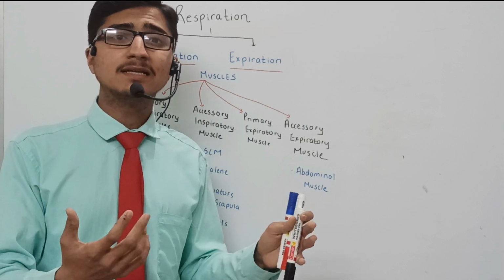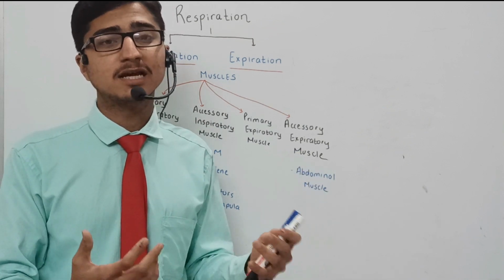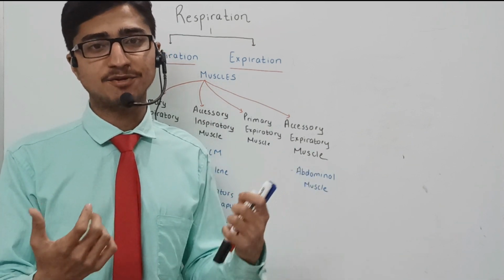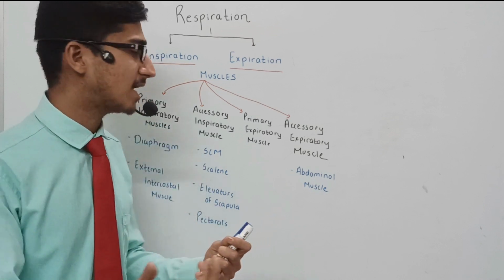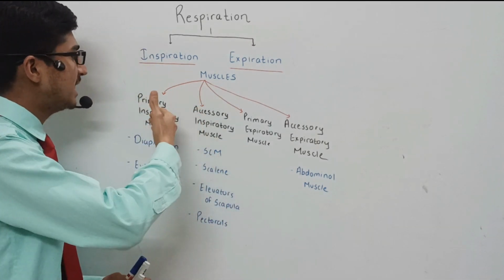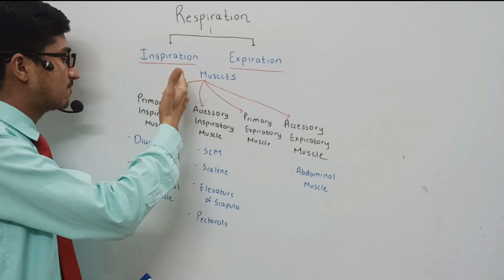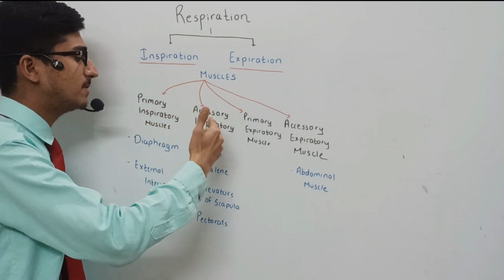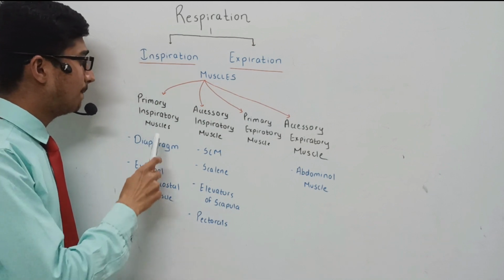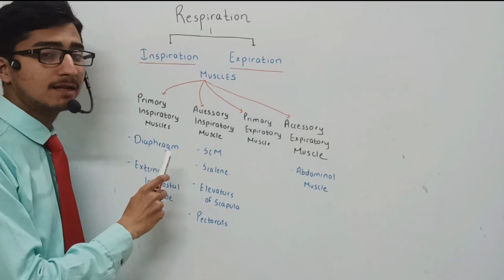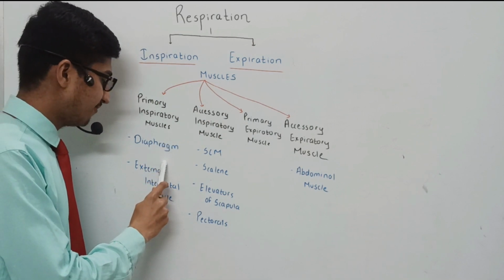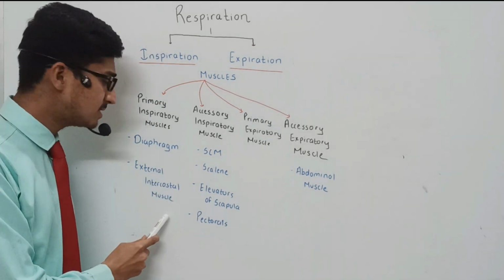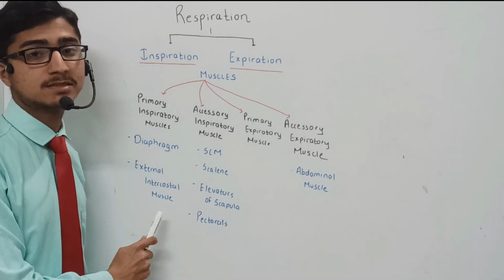So let's see the names of the muscles involved in the inspiratory process. As I have discussed, they are again divided into two: primary inspiratory muscles as well as accessory inspiratory muscles. The primary inspiratory muscles cover the diaphragm and external intercostal muscles.